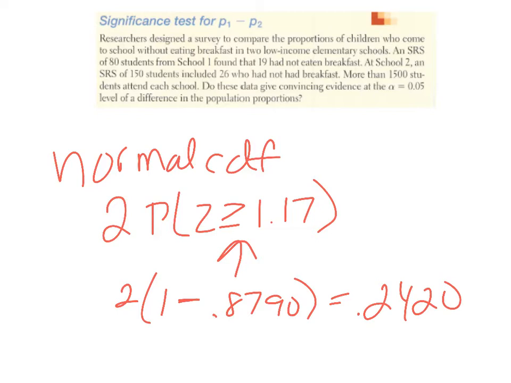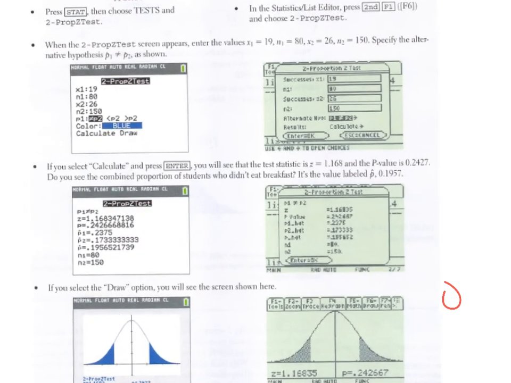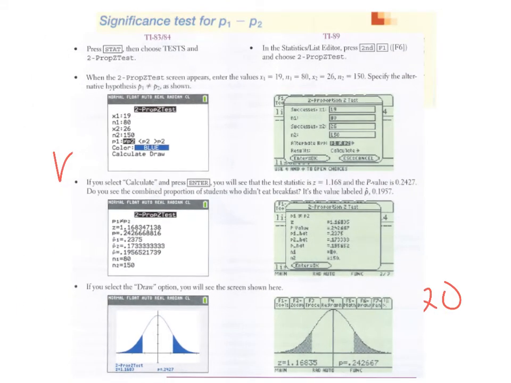Okay, and so when you're doing this on technology, you're going to go to what you did before. You're going to go to stats, and you're going to go to test, a 2-prop Z test.